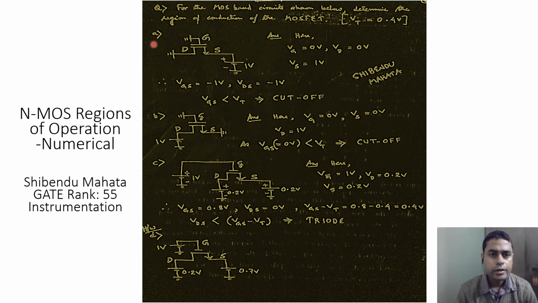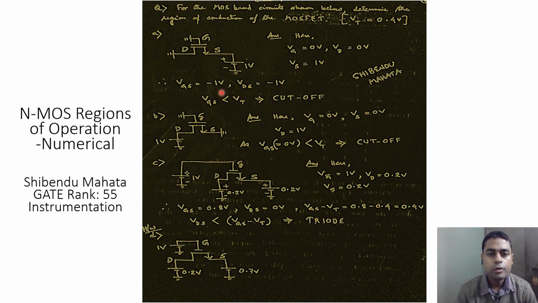So let's look at problem number A. Here the drain voltage is equal to 0 volt because it's grounded. Gate voltage is also equal to 0 volt, it's grounded, and the source terminal is at 1 volt. And so we can formulate VGS as VG minus VS. So this is equal to negative 1 volt.